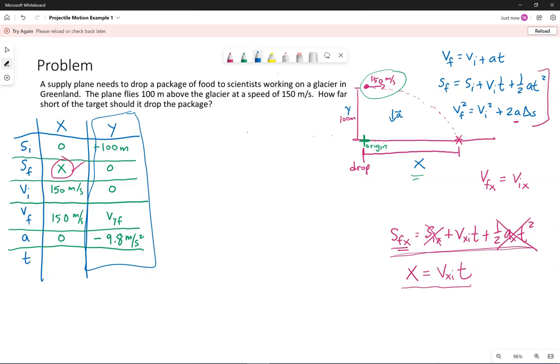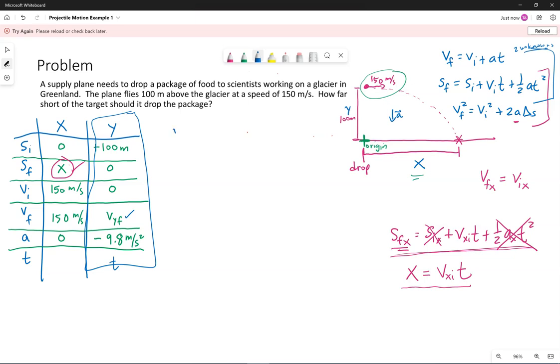We know everything in the y direction except for time and Vy final. Time is in the two top equations. The top one we would have two unknowns because we don't know Vy final. But let's look at the middle equation.